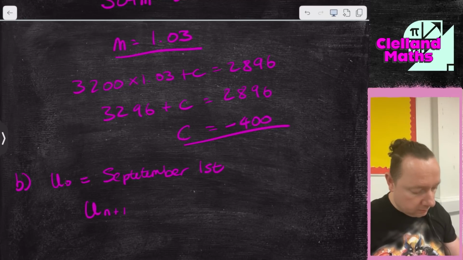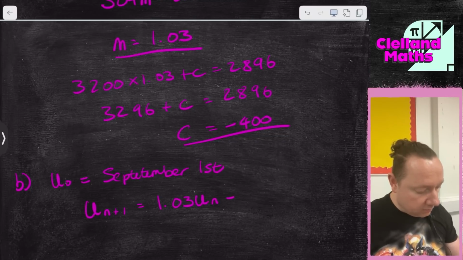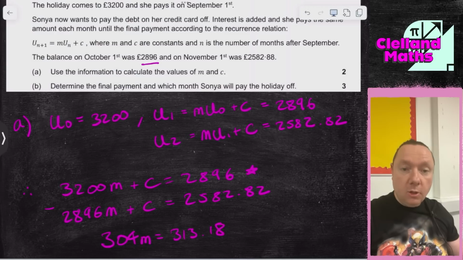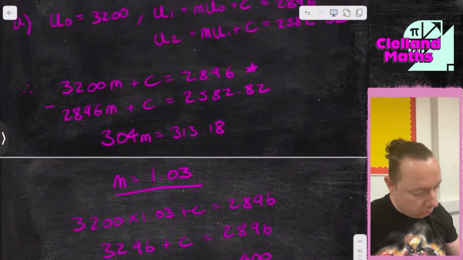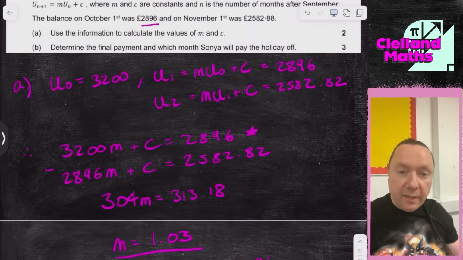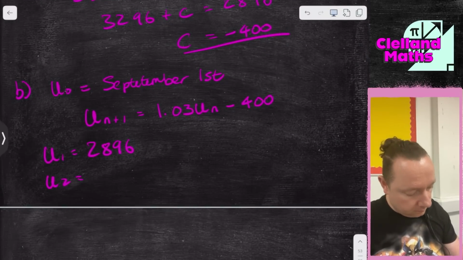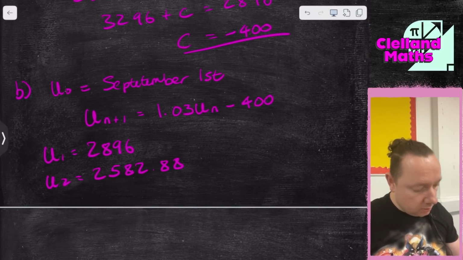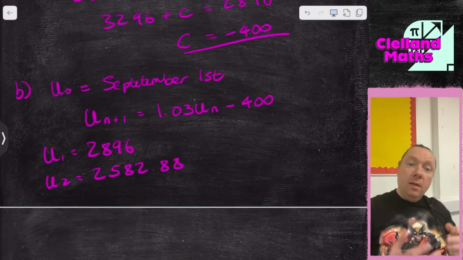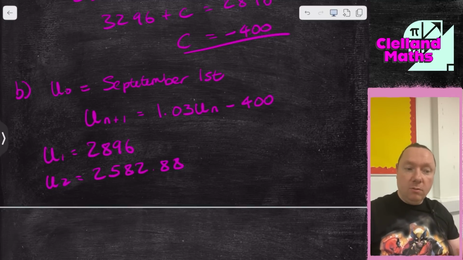U(n+1) equals M U(n) minus 400. U1 was 2896. U2 was 2582.88. So she's going to pay it off. She has to get a balance of 0 or less than 0.